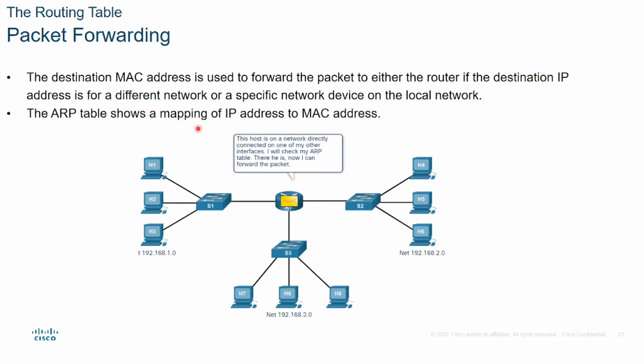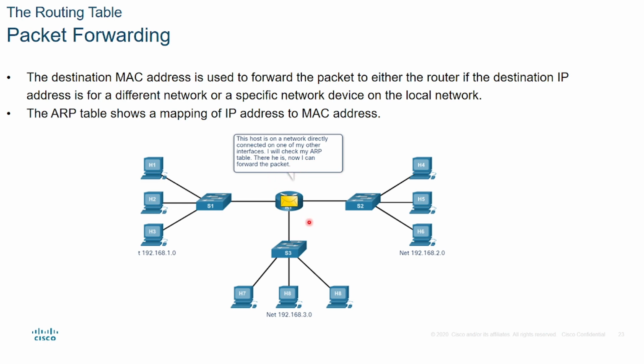Here you see that the host is on a network directly connected to one of my other interfaces. I will check my ARP table. There it is. Now I can forward the packet.